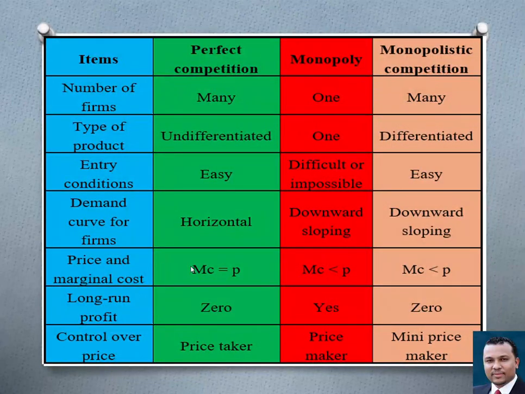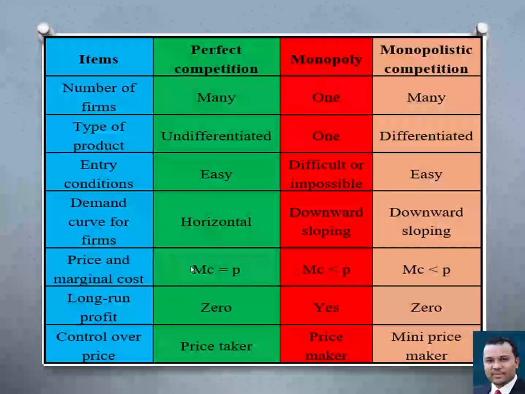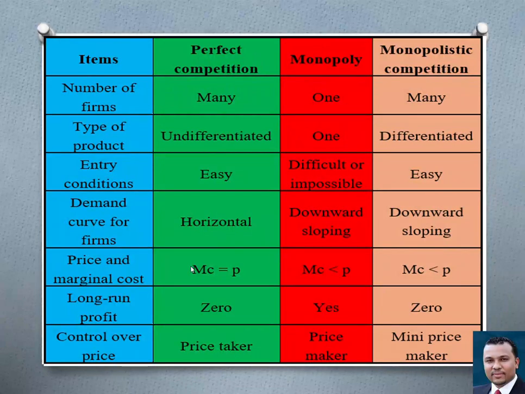What about long run profit? Long run profit is zero in perfect competition and monopolistic competition, so this is common. And in monopoly, yes, there is a long run profit. What about control over price? We describe firms in perfect competition as price takers. Why price taker?